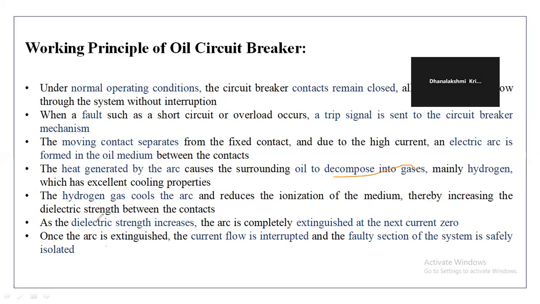So the hydrogen gas cools the arc and reduces the ionized particles, thereby increasing the dielectric strength between the contacts. As the dielectric strength increases, the arc is completely extinguished. Once the arc is extinguished, the current flow is interrupted and the faulty section of the system is safely isolated.